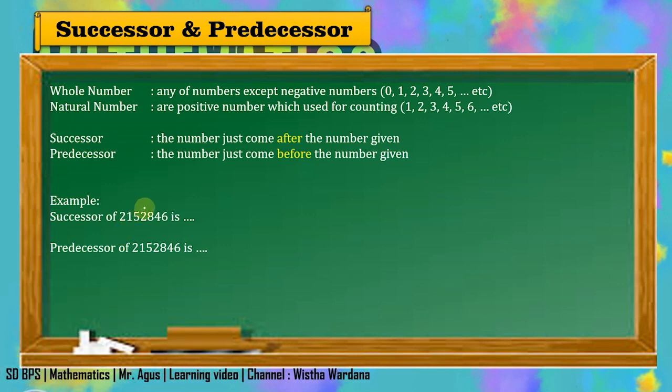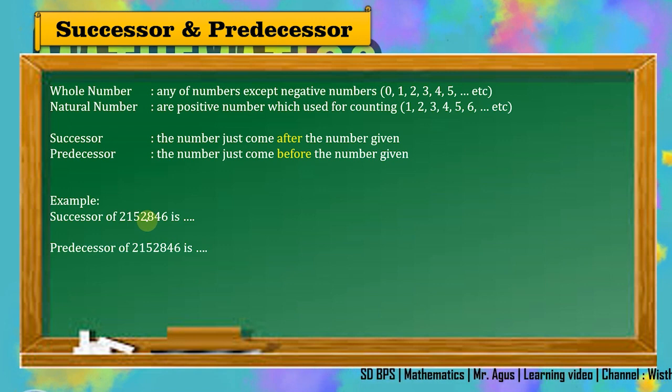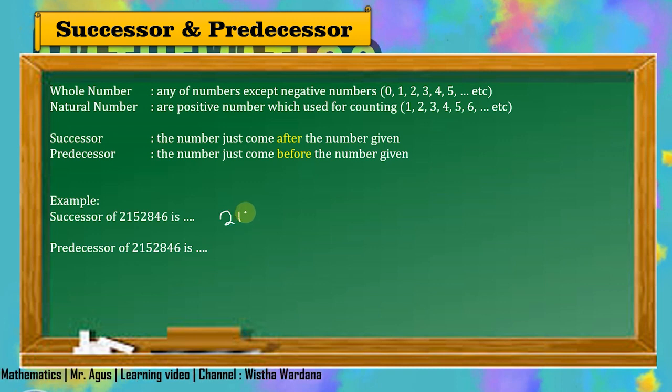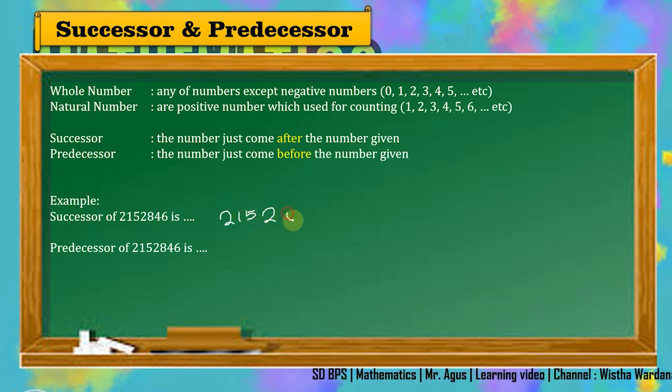In this case, for example, if we have a successor of 2,152,846, so the successor of it is 2,152,847.